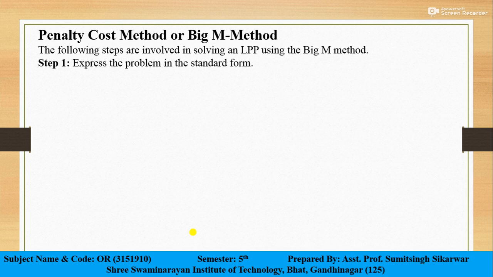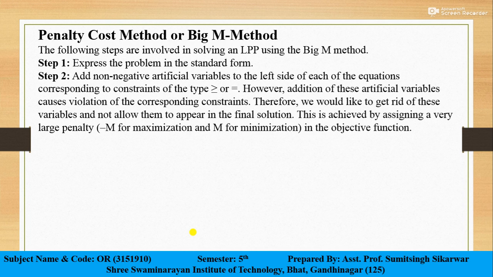In step 2 we will add non-negative artificial variables to the left side of each of the equations corresponding to the constraints of type greater than or equal to, or only equal to. However, addition of these artificial variables causes violation of the corresponding constraint.